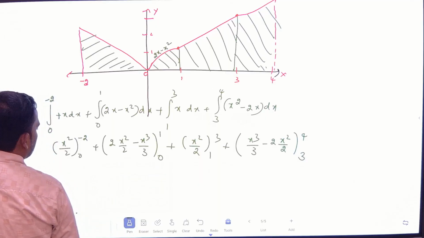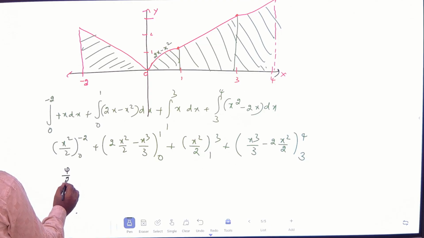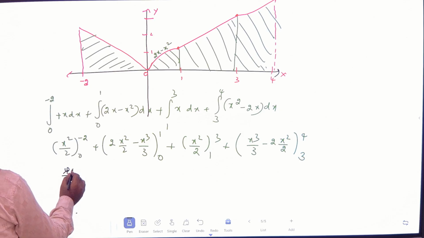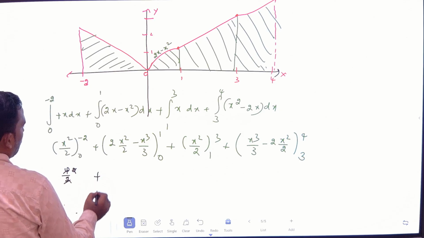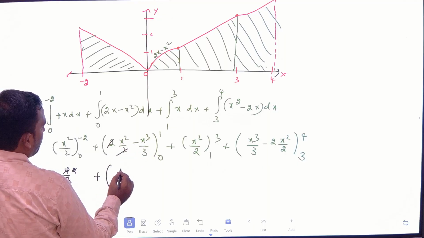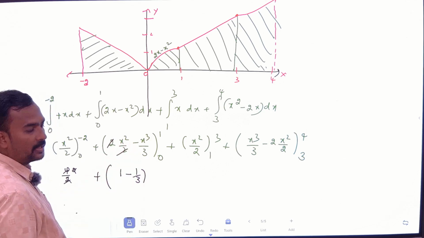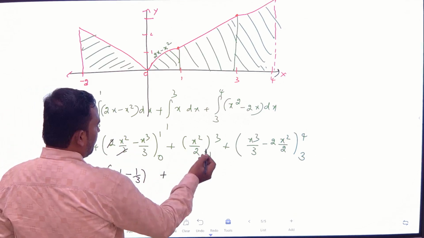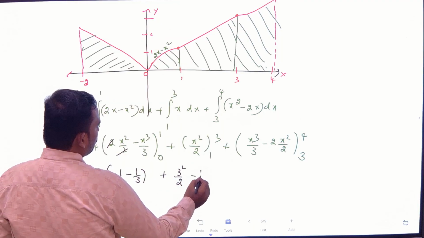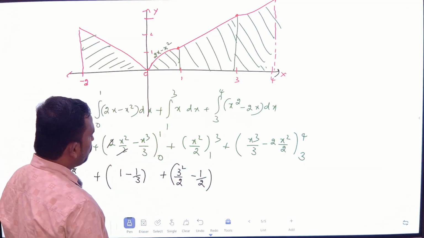Now you can simplify this. So minus 2 square is 4, 4 by 2 is 2. So 2 only is left. Plus here you can apply. If you apply the upper limit, 1 minus 1 by 3, minus the lower limit, anyway 0, plus apply the upper limit 3 square by 2 minus 1 square by 2.